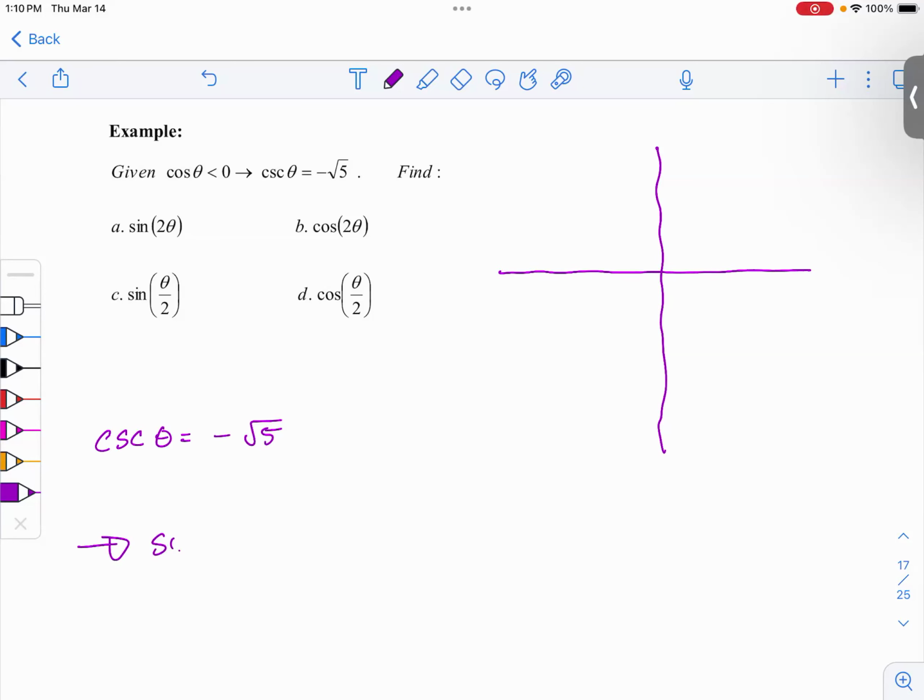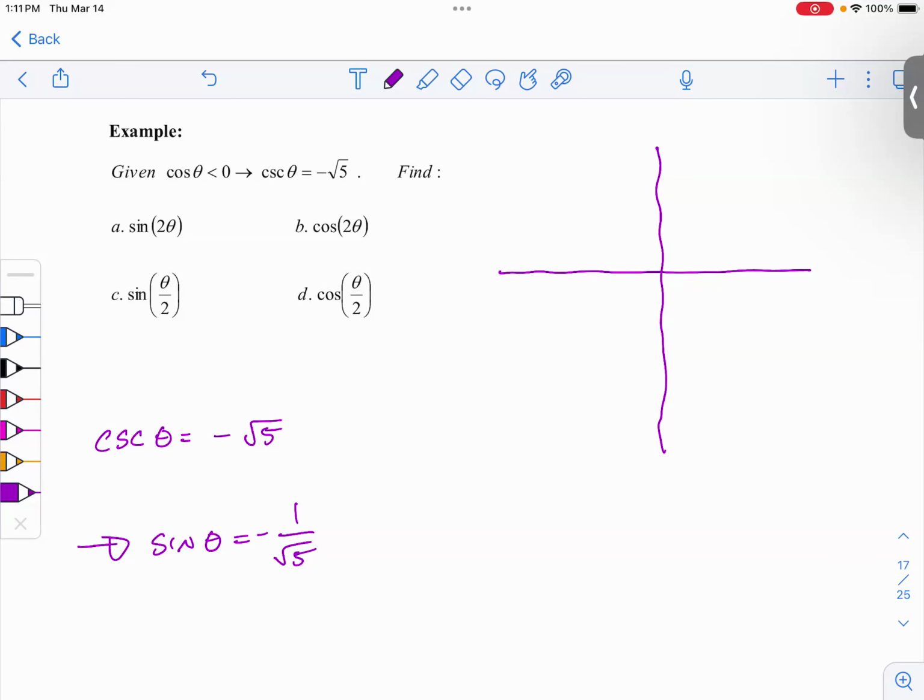That means sine of theta equals what? 1 over. So it's just the flip. -1/√5. Okay, so that one's helpful. So I have sine is negative. What quadrants am I in with just sine negative? 3 and 4.